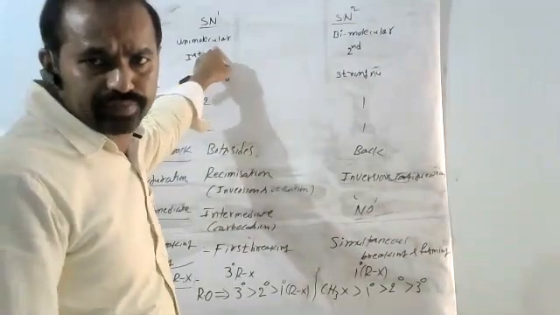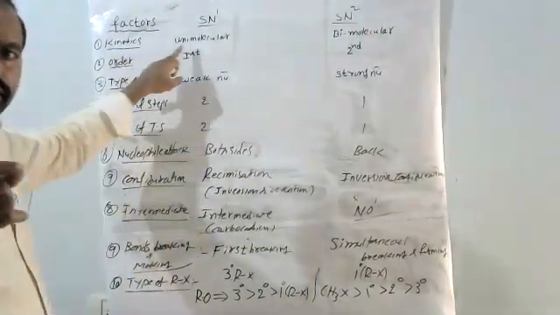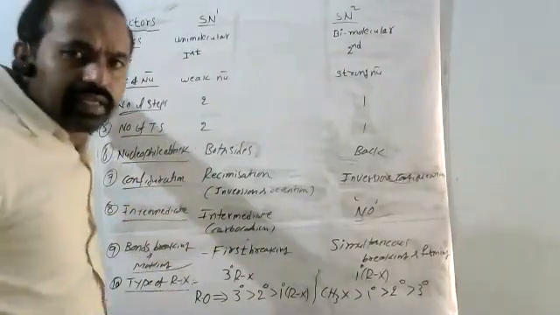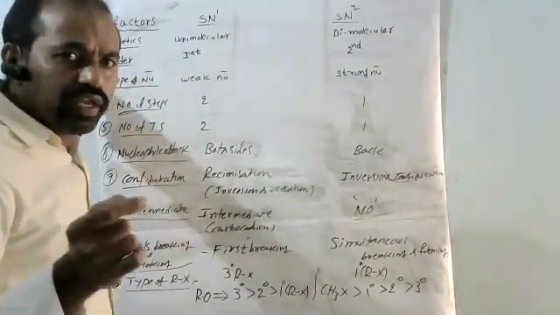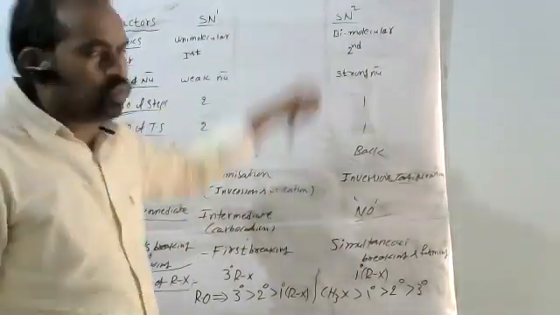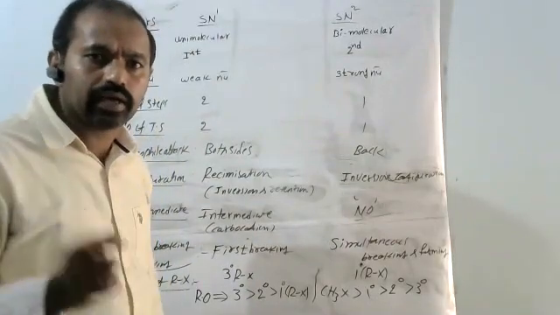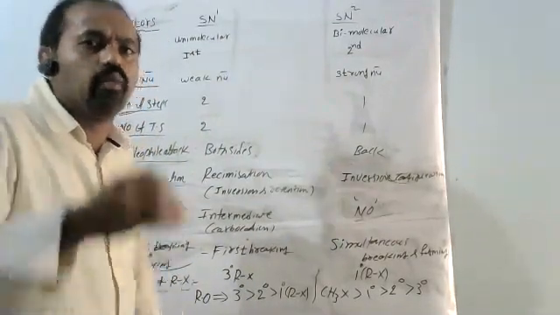Unimolecular. According to kinetics, SN1 is a unimolecular nucleophilic substitution reaction. SN2 is a bimolecular nucleophilic substitution reaction. Bimolecular.